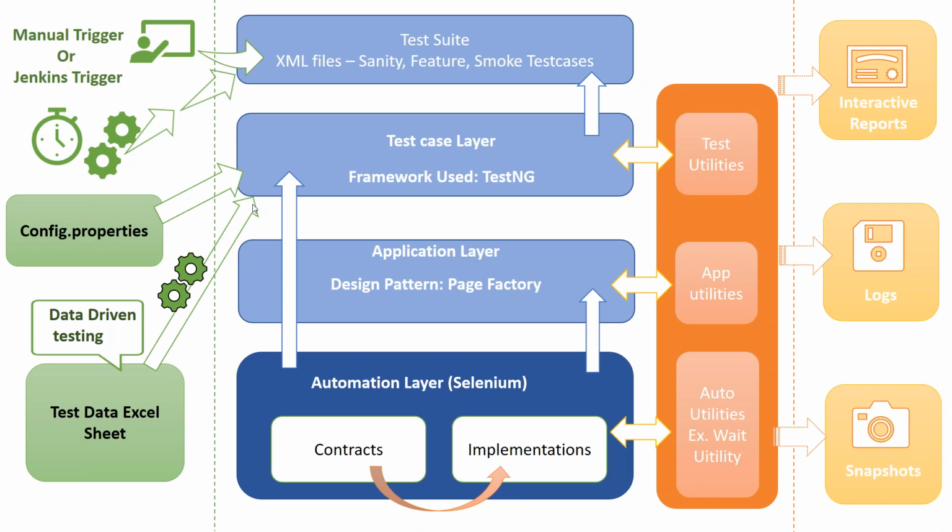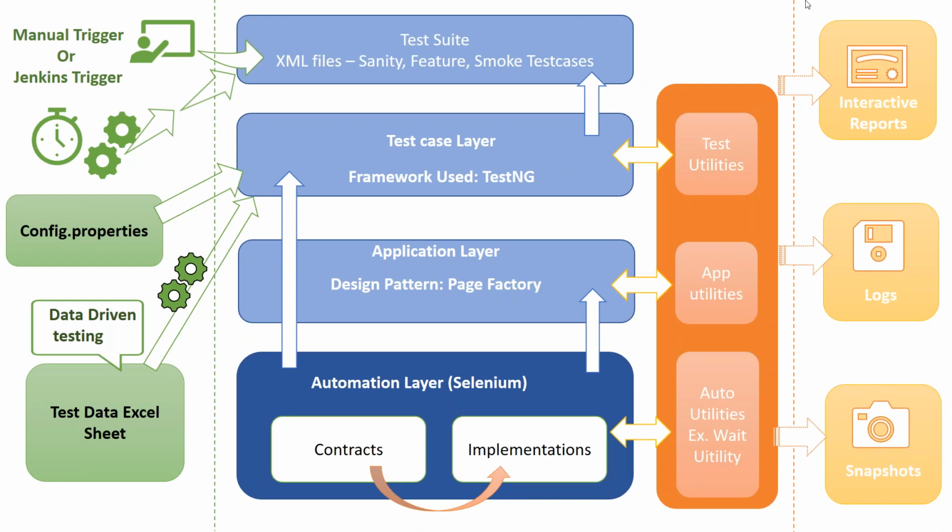Currently, we are keeping most of the things hard coded, but later on we'll move everything into the config.properties file. Then if you see below, we have one utility which is reading data from an Excel sheet to do the data driven part. So it's also like input. All the sections mentioned in green are the input part of your framework.